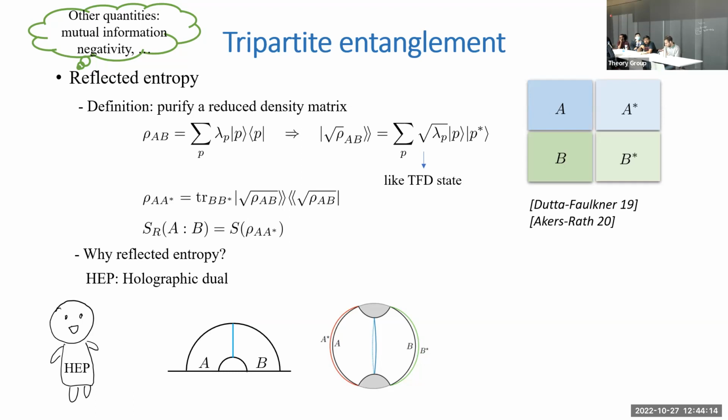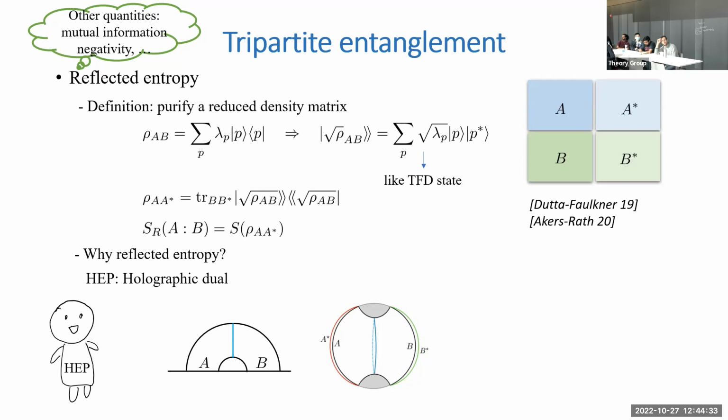So now we have a pure state in this larger space that has double the size of the original space, so we can do whatever we want.